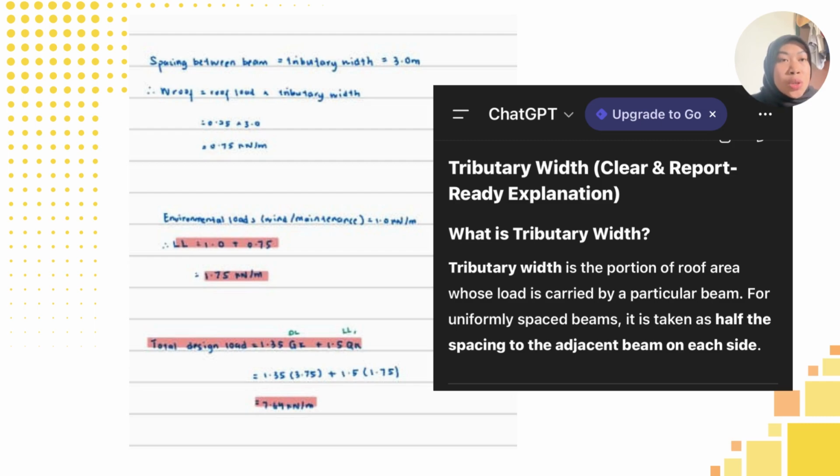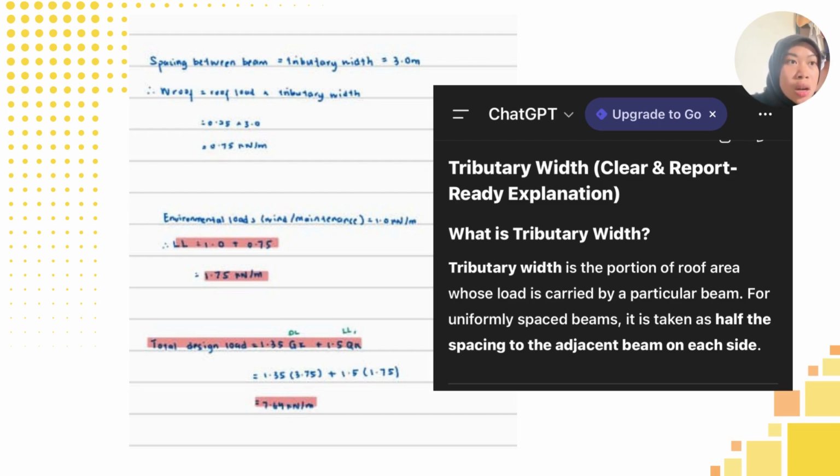As for the spacing between the beams, which is the tributary width, I make an assumption of 3.0 meter. The weight of the roof equals roof load times tributary width, which is 0.25 times 3.0, giving 0.75 kilonewton per meter.